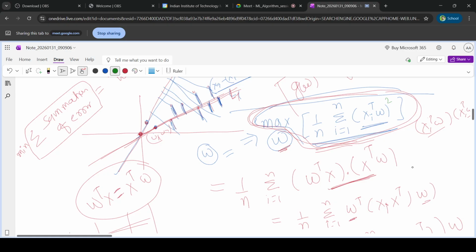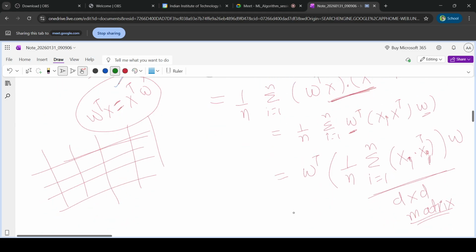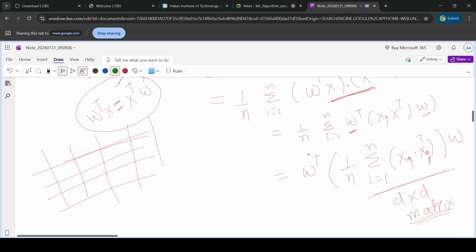But here, instead of doing this square, you are just trying to reduce this. Okay, this is max, how can I minimize this? So you are actually trying to reduce this and bring it to this equation.